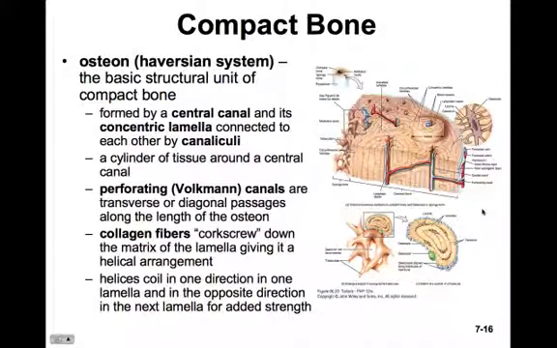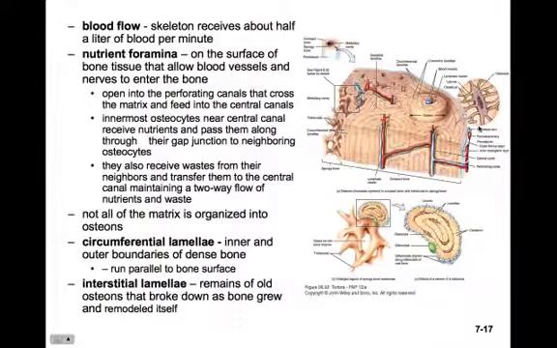Okay, it's time to diagram again. This time we're highlighting an osteon as a component of a piece of compact bone. The things that you'll need to include are the osteocyte, the lamellae, the canaliculi, the central canal, some circumferential lamellae, as well as some interstitial lamellae. Perhaps you might identify perforating canals also.